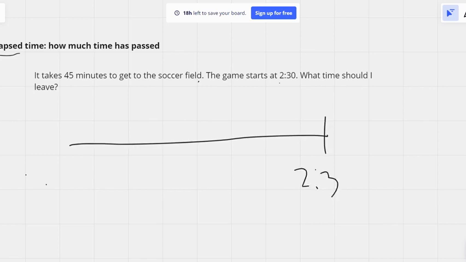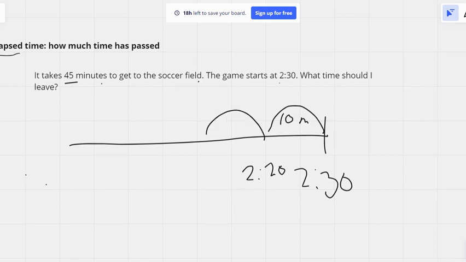So 2:30. So now it says it takes 45 minutes. So now I'm going to go back, but I'm not going to do the whole 45. I think I'll do groups of 10. So if I do 10 minutes back, 2:30, 10 minutes before that is 2:20, because if I go backwards from 2:30, 10 minutes is 2:20.